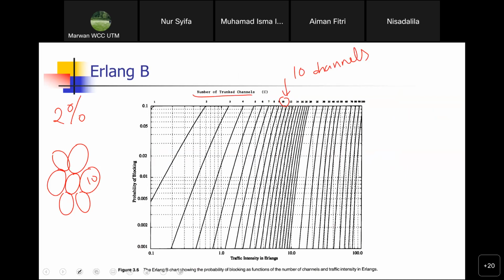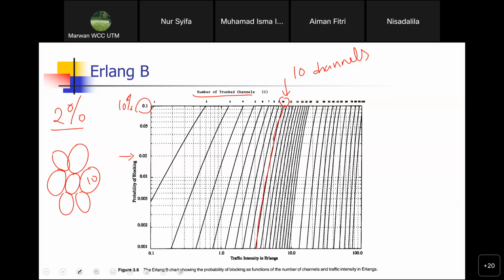So we have to look at this curve. These are the curves for 10 available channels. Now we want to see 2% of GOS. So 2%, 0.1 is what? It is 10%. So 2% is which one?